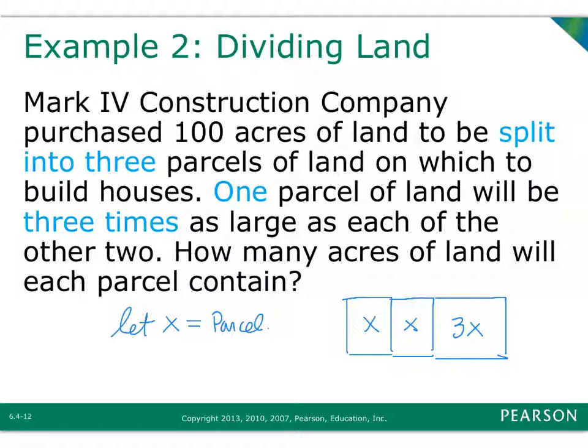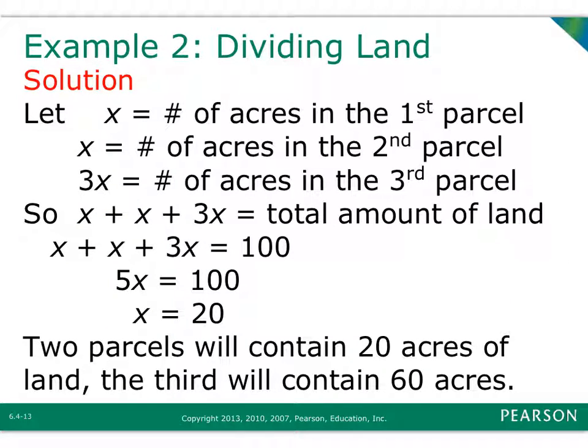So now I've drawn out my picture, and we know that the total area has to equal 100 acres. So now we move on to the next part of our solution. We let x equal the number of acres in the first parcel, x equal the number of acres in the second parcel, 3x the number of acres in the third parcel.